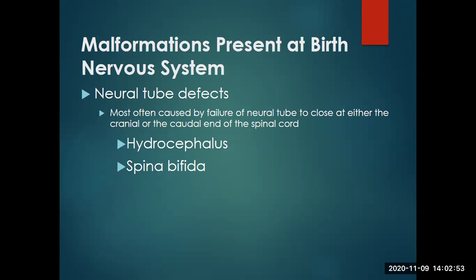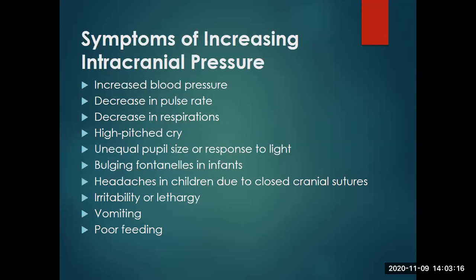Neural tube defects are most often caused by the failure of the neural tube to close at either the cranial top or the caudal lower end of the spinal cord. These defects often result in what we call hydrocephalus, or the other one would be spina bifida.